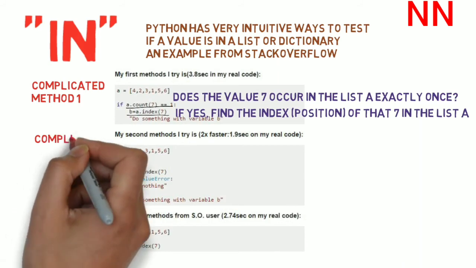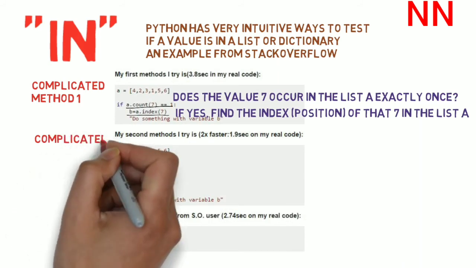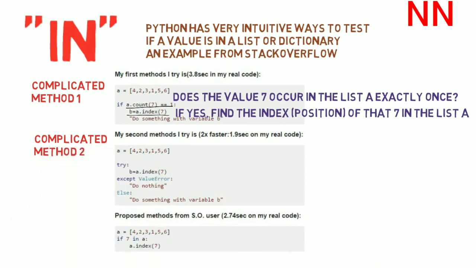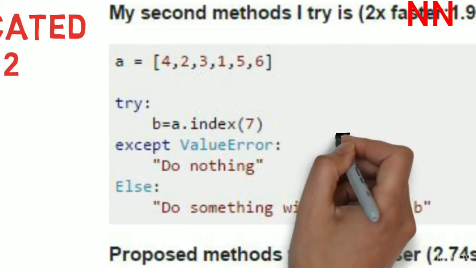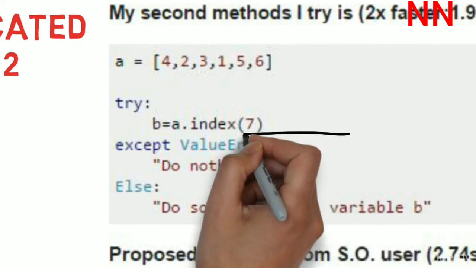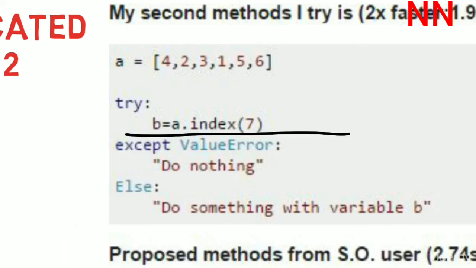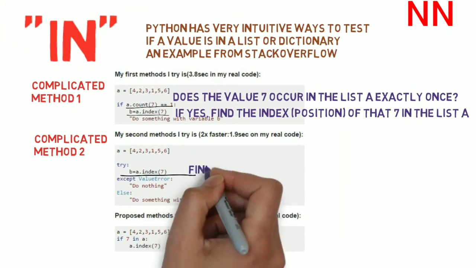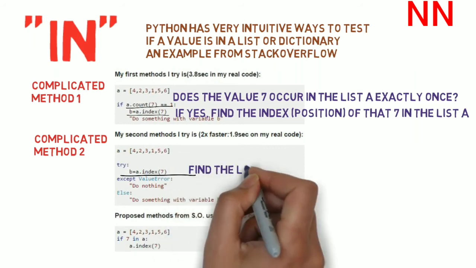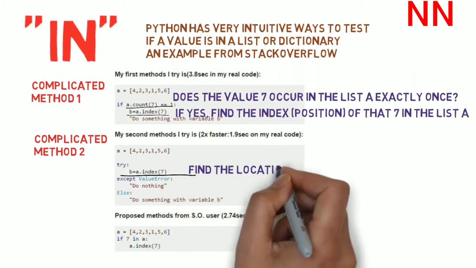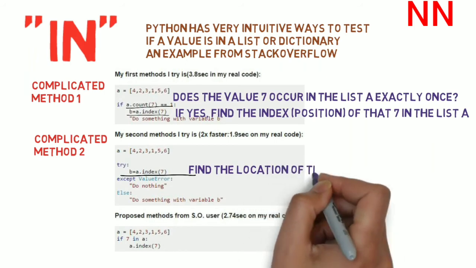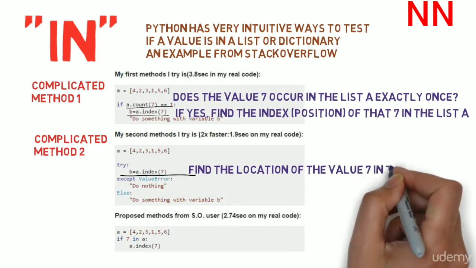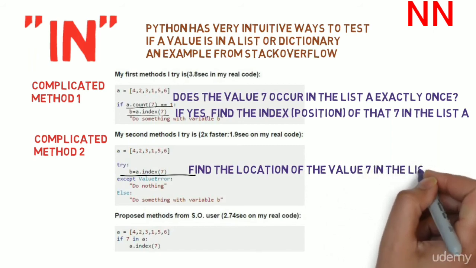Another complicated method to do the same thing. Here the person has enclosed that statement inside a try except block. So try to find the position of the value 7, and if there is a value error, then fall into the except block.